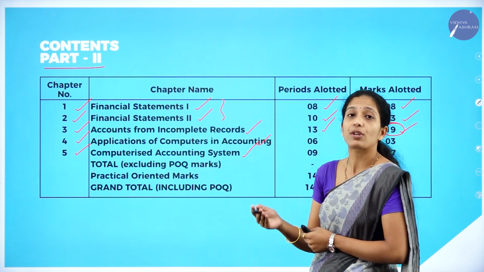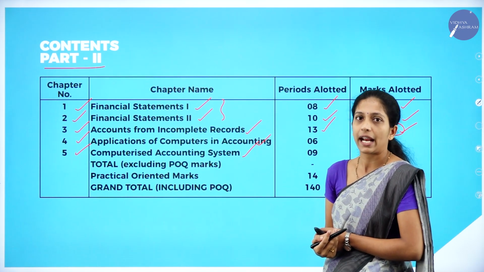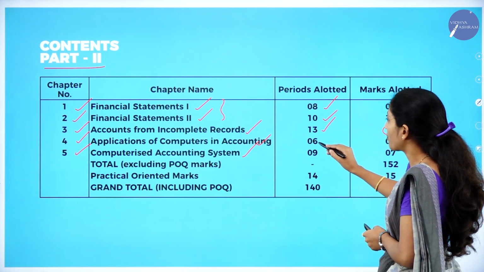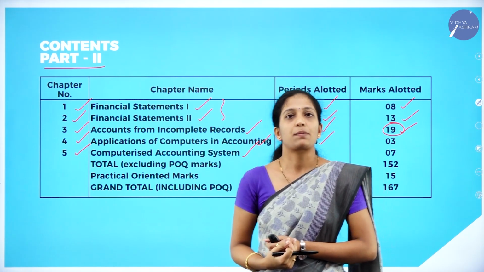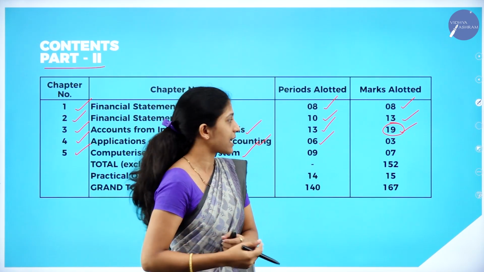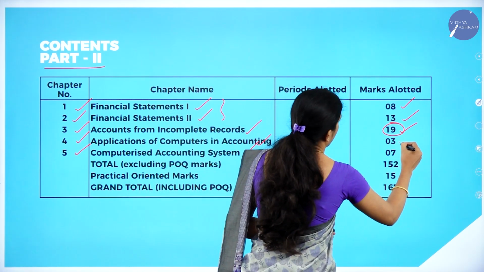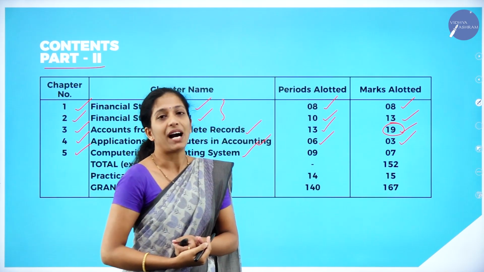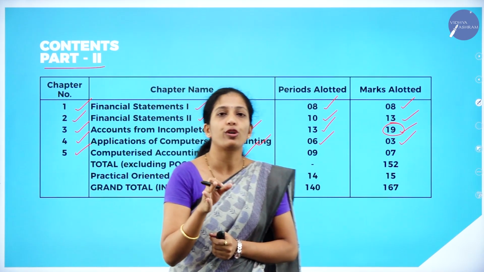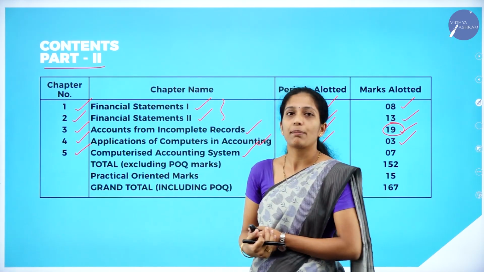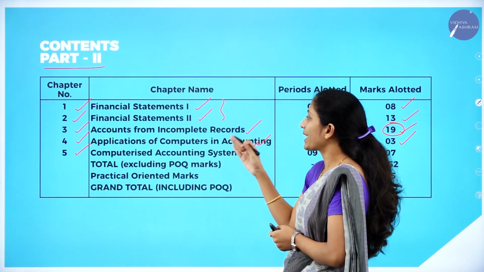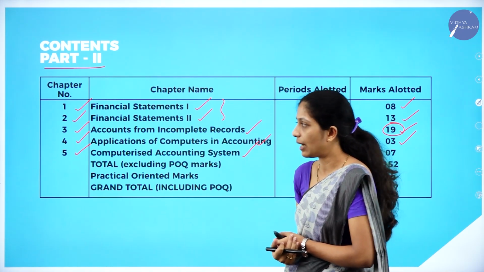So how computers are used in accounting, and the number of hours required is 6 hours. In order to complete this particular chapter we need 6 hours, and you can expect 3 marks. As I have told you, it is a theory chapter. So you can expect 3 marks from your fourth chapter, applications of computers in accounting.